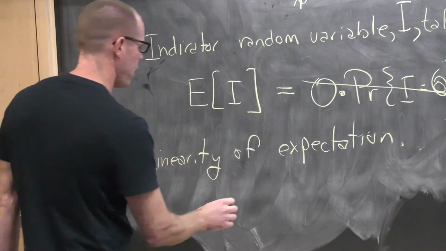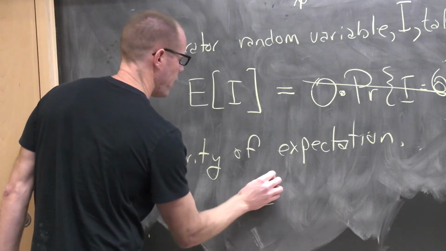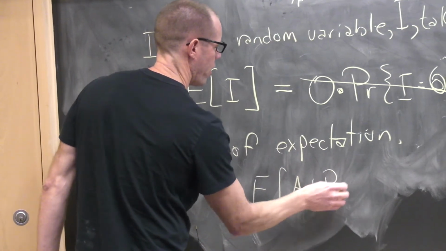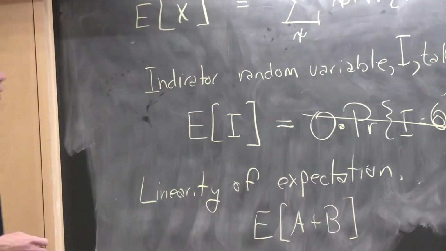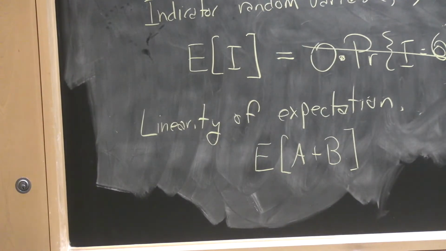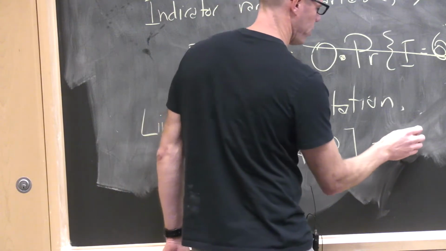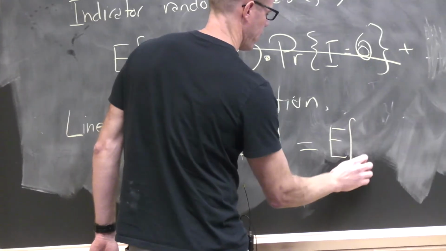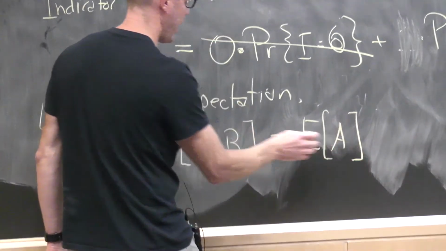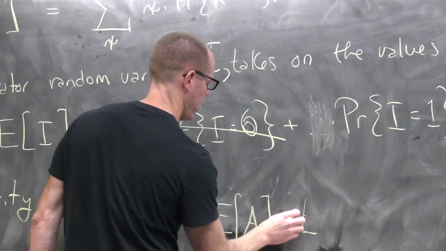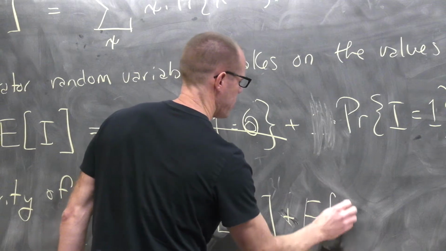It just says that if we have two random variables, A and B, the expected value of A plus B is just equal to the expected value of A plus the expected value of B.